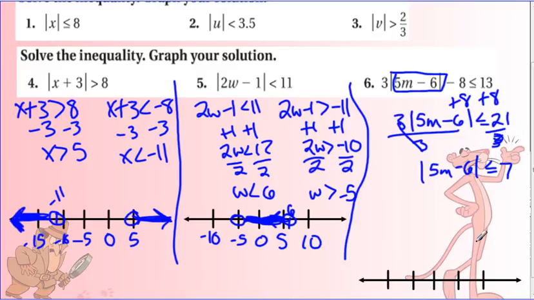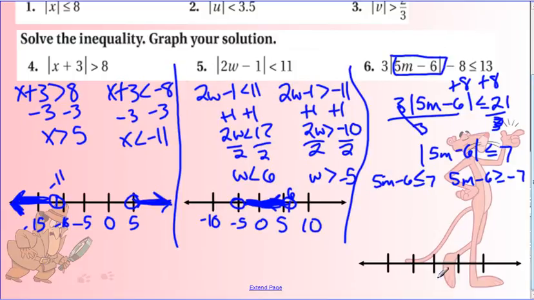Yep. And now the absolute value is by itself, we can separate. So we get 5m minus 6 is less than or equal to 7, and 5m minus 6 is greater than or equal to a negative 7. Solve each of them.